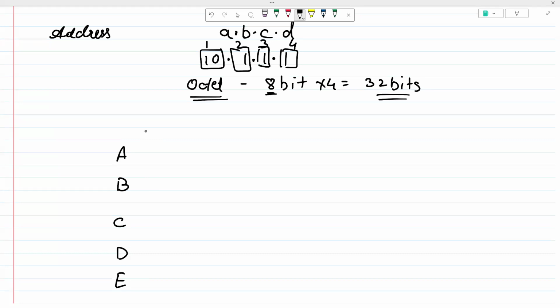And how are these divided? They are divided based on the number in the first octet. If the IP address starts with a number from 0 up to 126 in the first octet, it is called a class A IP address.